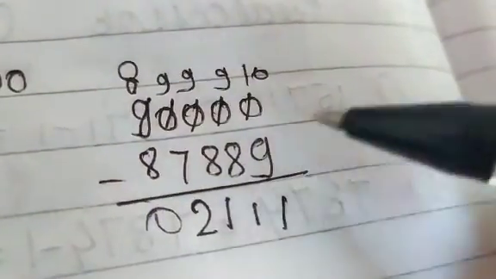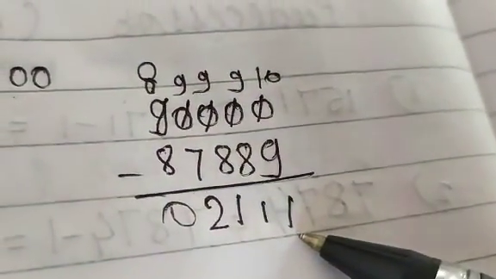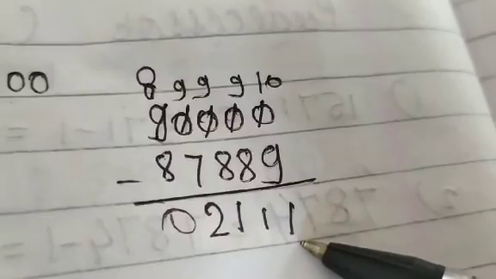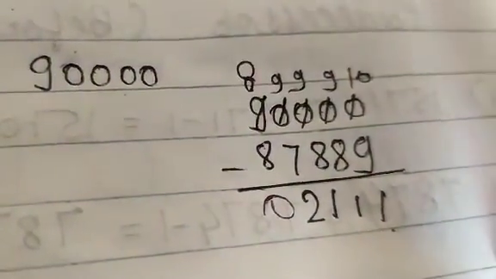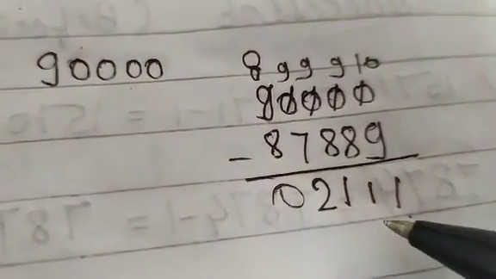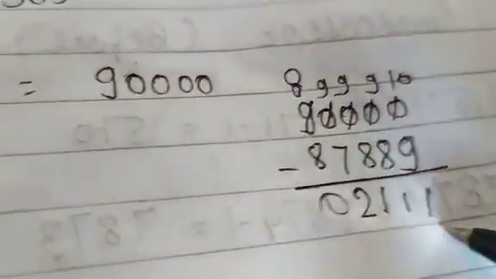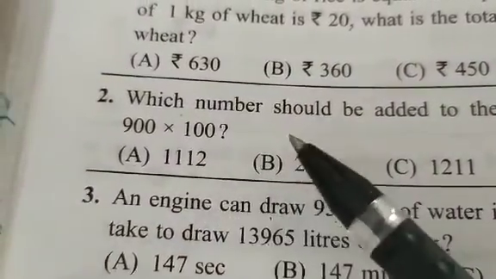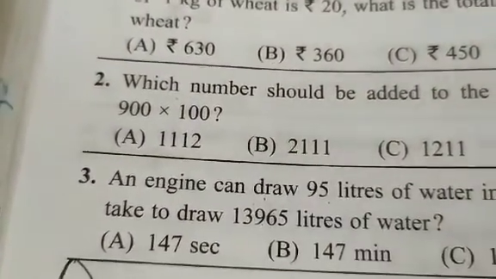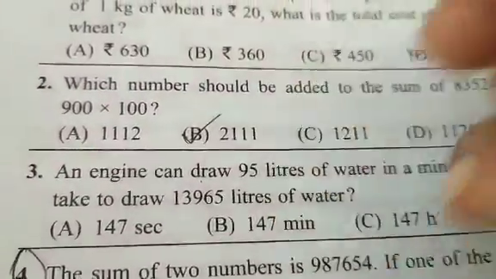So the number is 2,111. Option A? No. Option B is correct, so take option B.